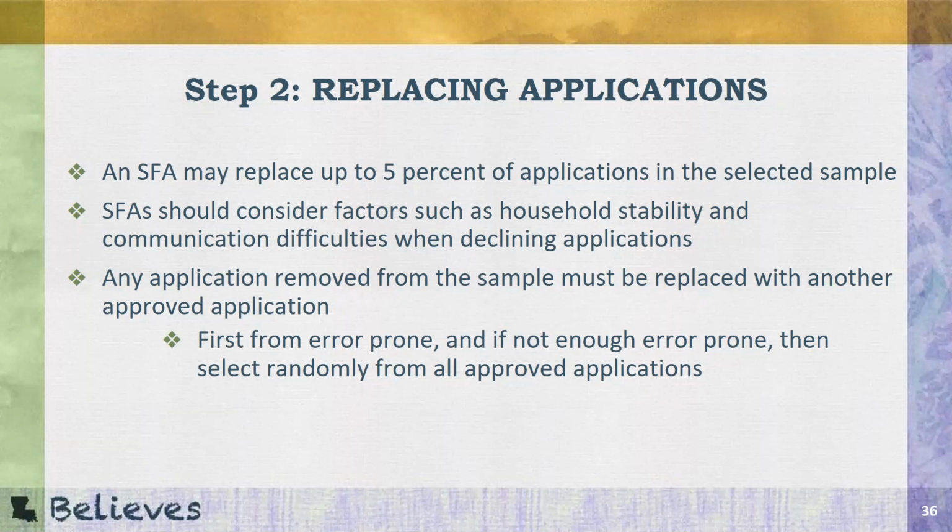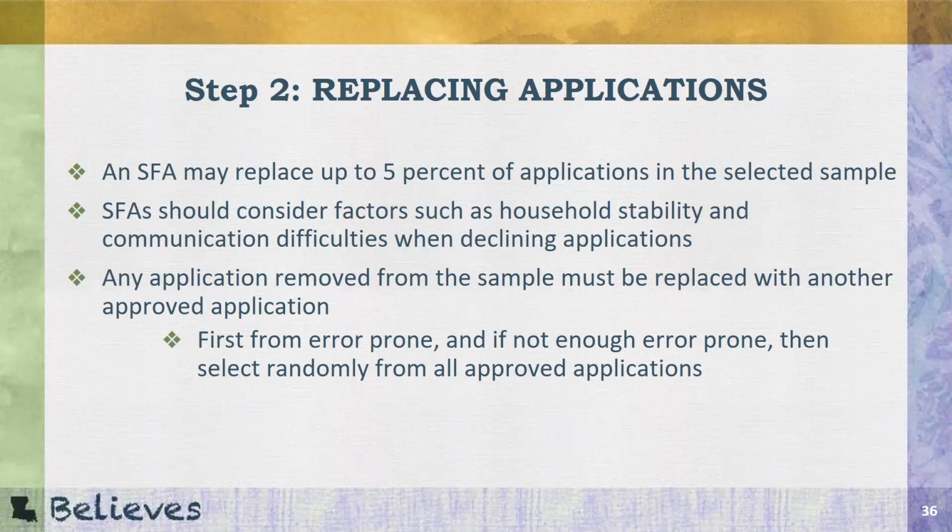When an application is selected for verification and, prior to hearing back from the household in question, that household is found on a direct certification list, the application does not have to be replaced in the verification sample pool. The application will be marked as direct certification in the appropriate box in Section 3 of the FNS 742, which is the verification summary form.